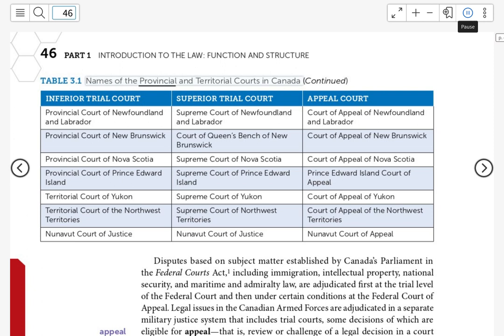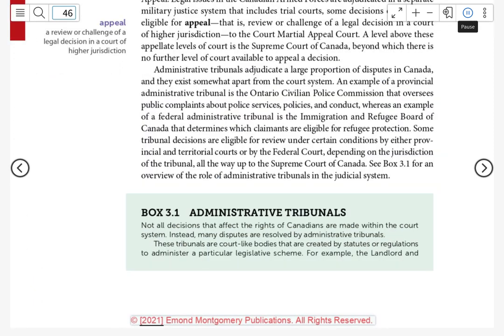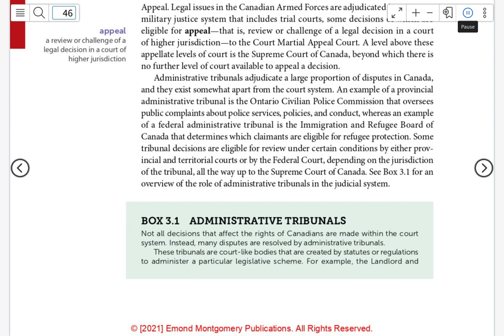Table 3.1 Names of the provincial and territorial courts in Canada. Copyright 2021, Emond Montgomery Publications. All rights reserved.